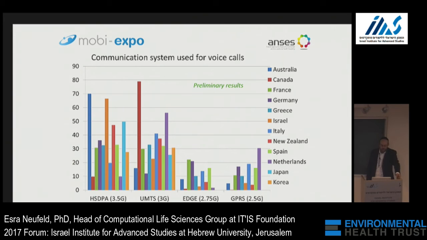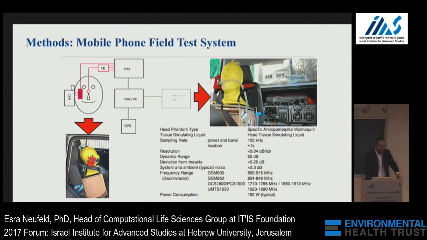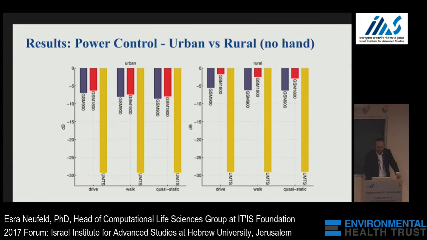Then different communication systems, variability over countries, that is very much outdated. You can't trust these results anymore. Things have changed too much in these years. We have also driven this type of mannequins around and measured usage, comparing urban to rural areas. Also that is probably outdated by now.